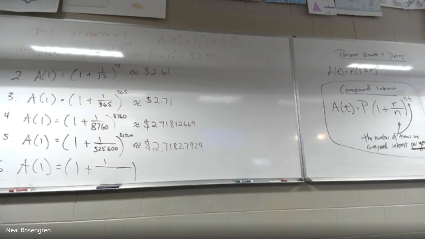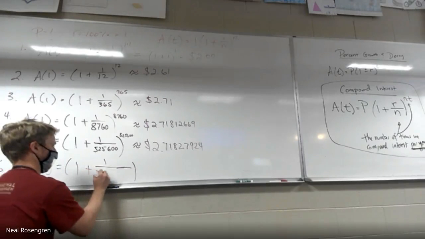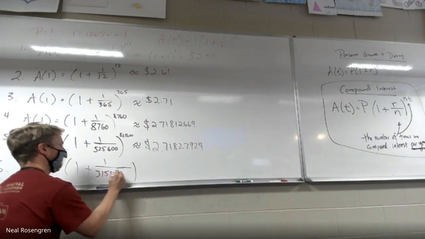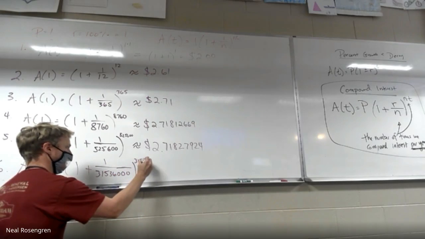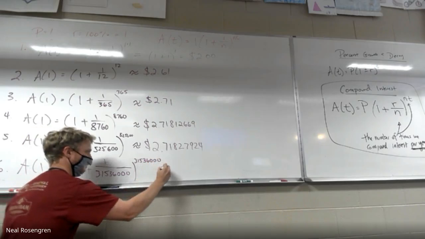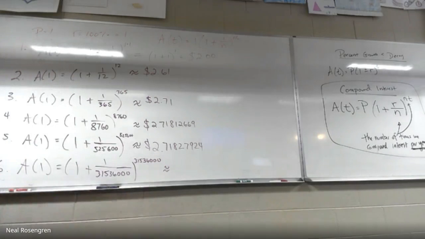So 525,600 times 60, because there's 60 seconds per minute. 31,536,000. So in 1 year, you experience over 31.5 million seconds. Kind of crazy to think about.